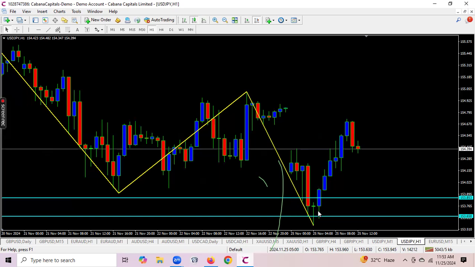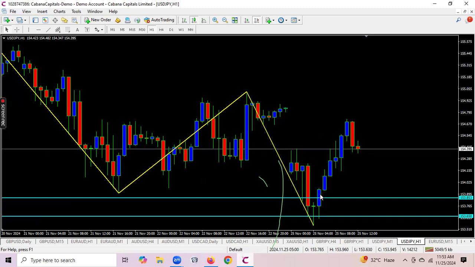Is this a hammer candle? You call this a hammer candle. You only have one wick under, and there's no other wick on top of it.